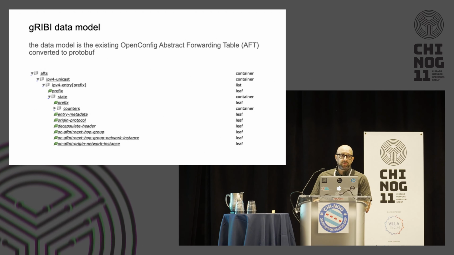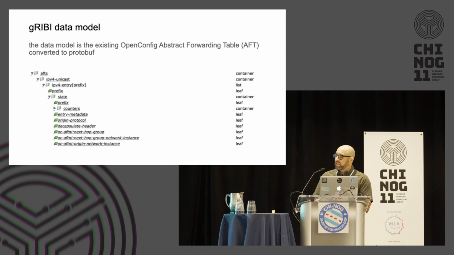The AFT is an abstract representation of the forwarding table. It is not complete in terms of all of the behaviors that a vendor FIB might represent, but it's typically more than good enough to get the job done for doing traffic engineering or for doing routing overlay.